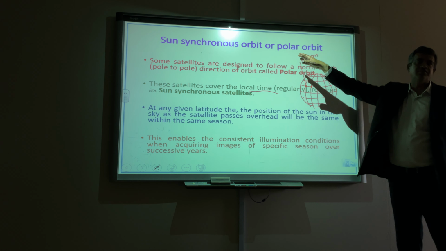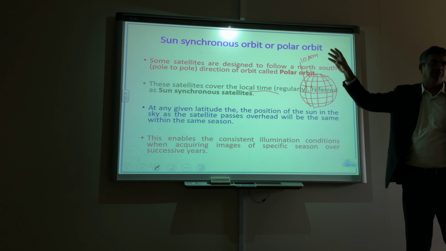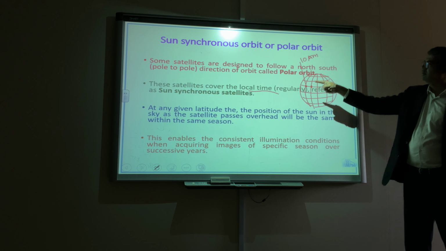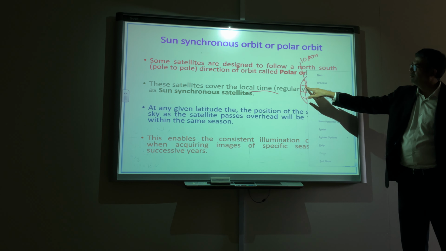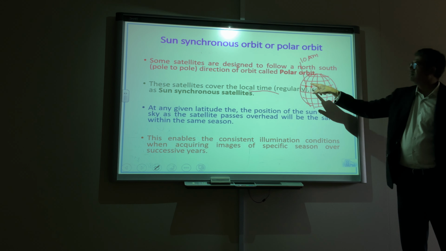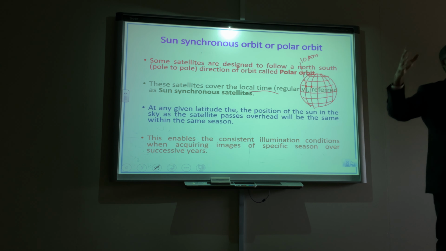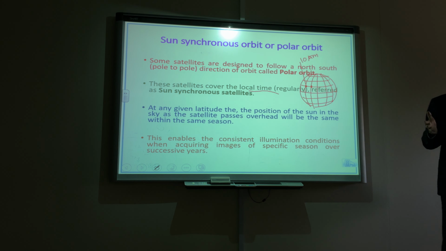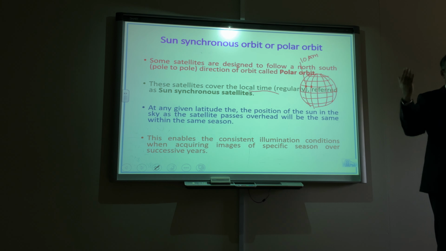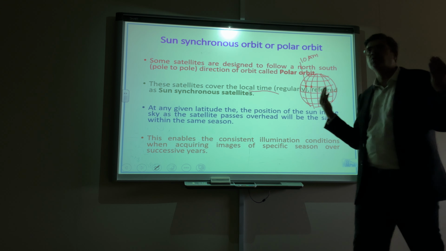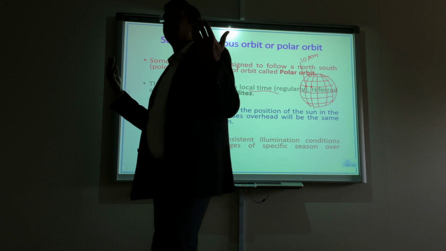but at 10 o'clock in the morning the position of the sun with respect to the satellite will be the same, and say after 5 days it comes to the same position, and at this same position it will be at the same time at 10 a.m. So that means the amount of light which you get in the image will be the same. So if you have two different images from two different days, it will be easy to compare.